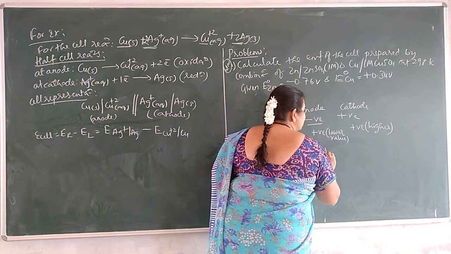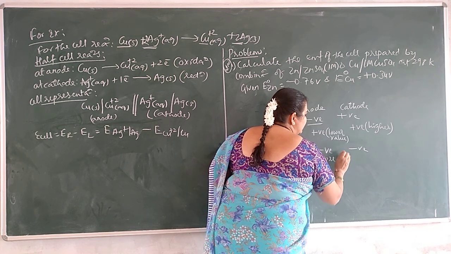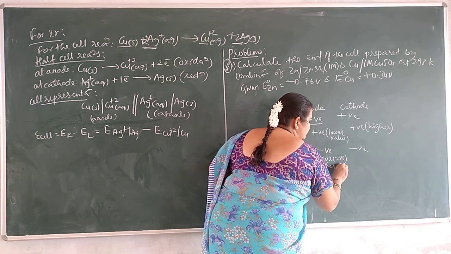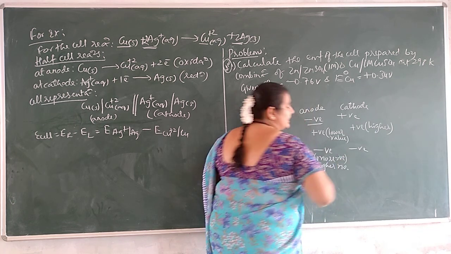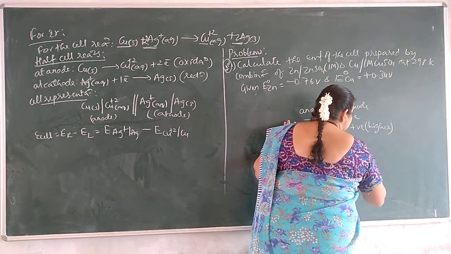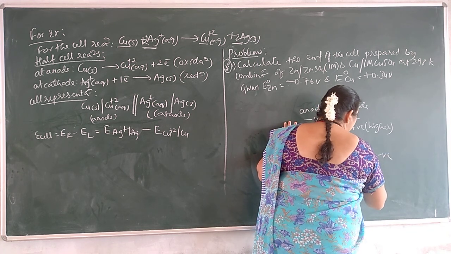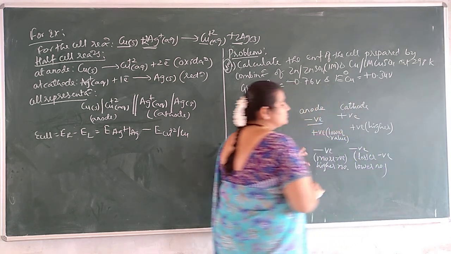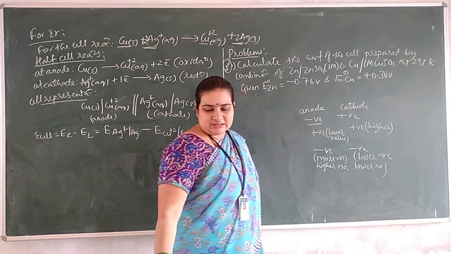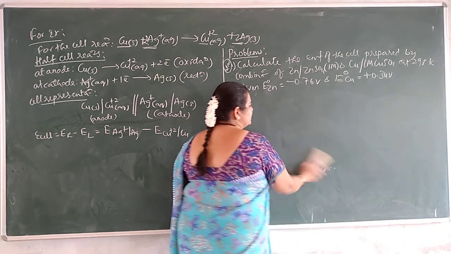And if both are negative, then the more negative, that is the higher number with negative sign, is selected as anode and the lesser negative, that is the lower number, is selected as cathode. So this is the way to identify anode and cathode in the given cells. Here they are given the values of E0 Zn and E0 Cu.